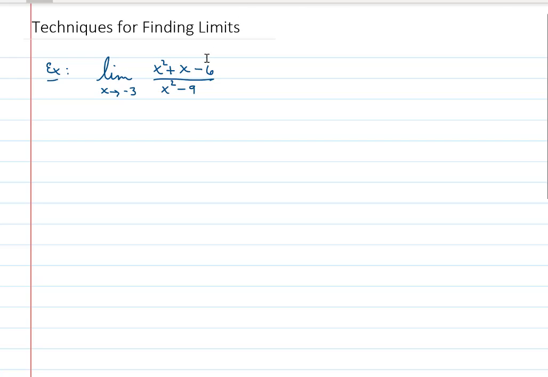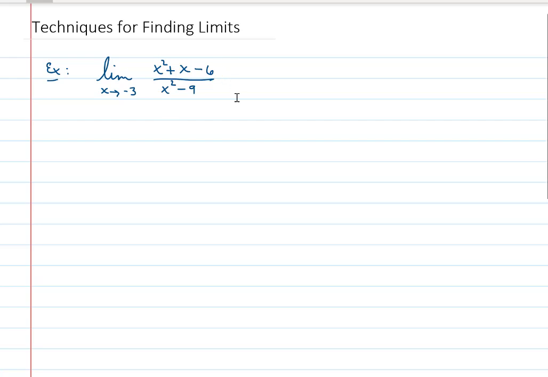In this case, for instance, this is a rational function, and we already know we have a property that says I can substitute the limit point into the function, as long as it is in the domain. But this -3 happens to not be in the domain. If we plug that in, you see that right away: you will get 0 over 0. For that reason, that's indeterminate.